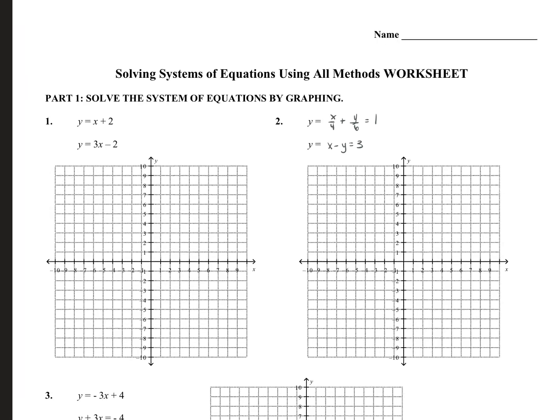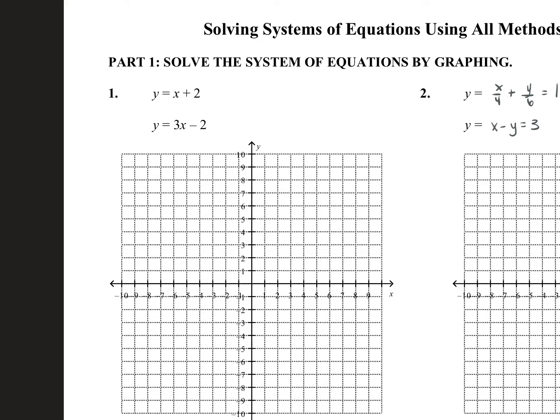So if you look at example 1, luckily for you, each of these functions are in slope-intercept form. So your first one, you have y is equal to x plus 2. So this gives you a b of 2, which means your y-intercept is 0, 2. Your slope is the coefficient of x, so that's 1, which means you're going to go up 1 and to the right 1.